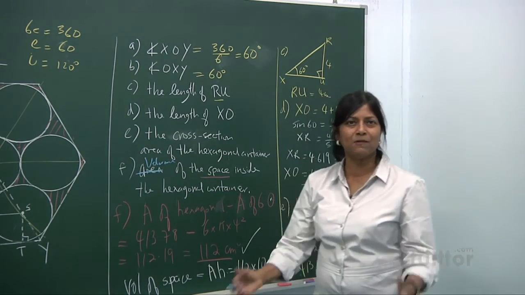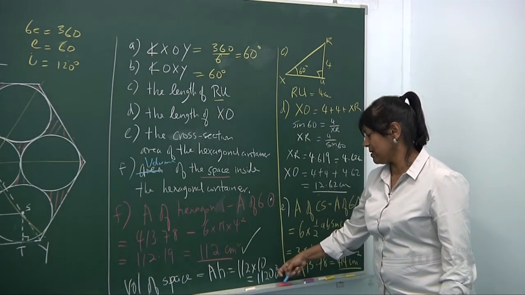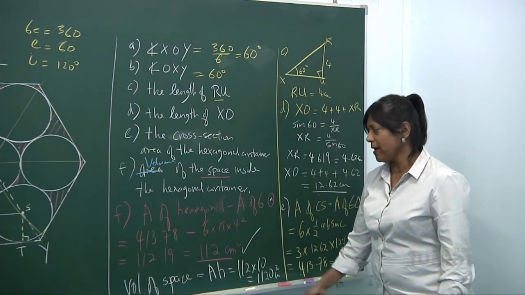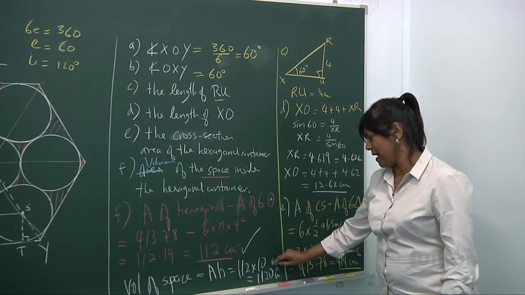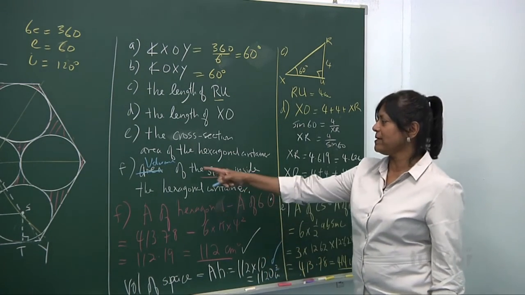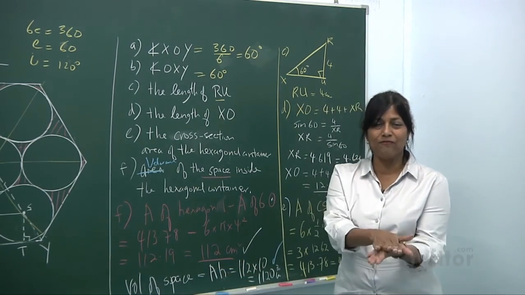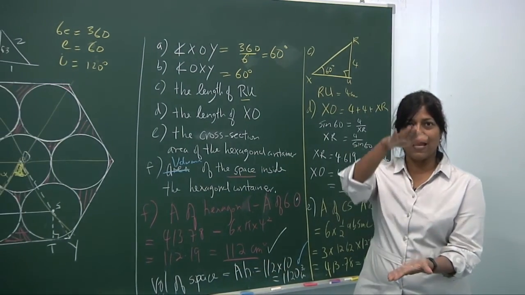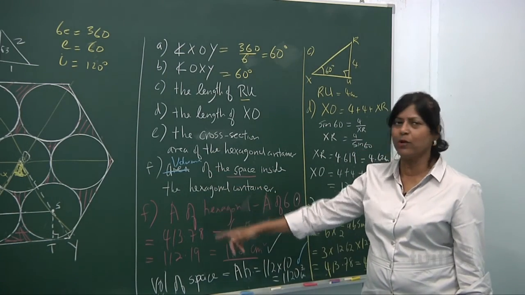That's better because space is to do with volume. So I would suggest that you change this. This is the volume of space: the area of the cross section times the height. That will give you the answer here. So please take note. It will be better that way. Because if it's flat, it's okay, but it's sticking up, so that could be a misinterpretation. Just change that to volume.